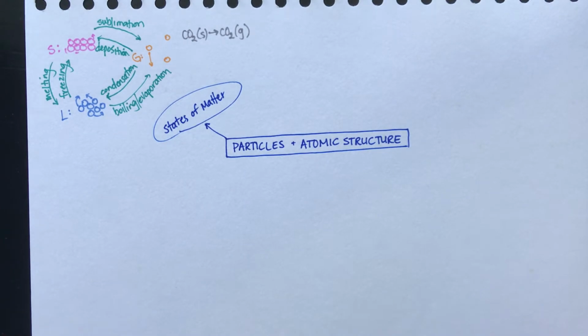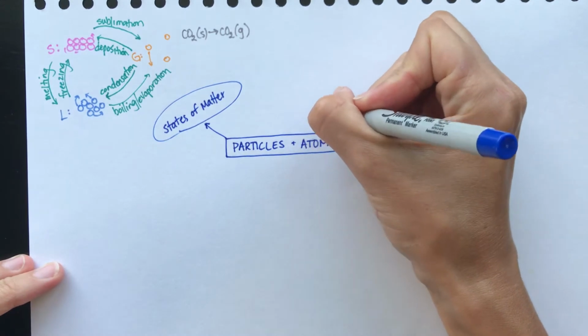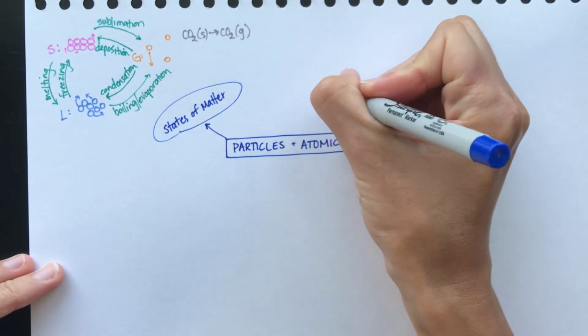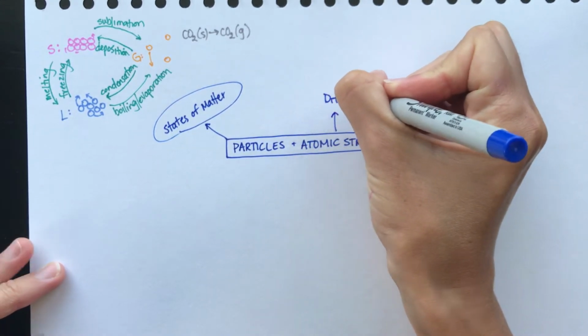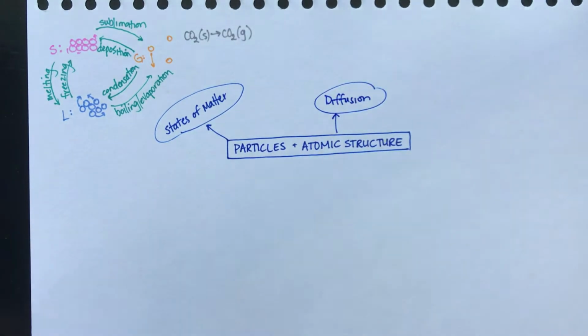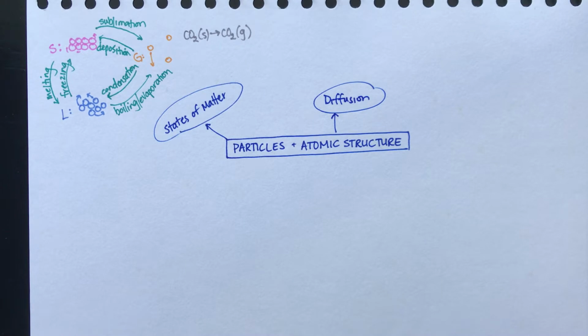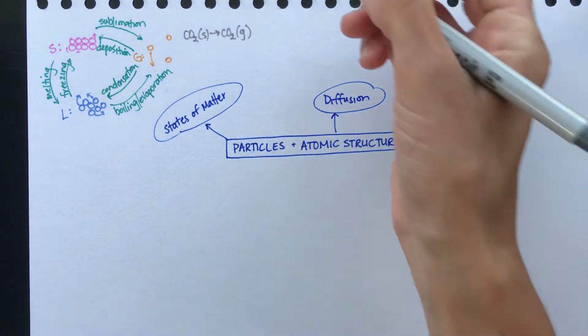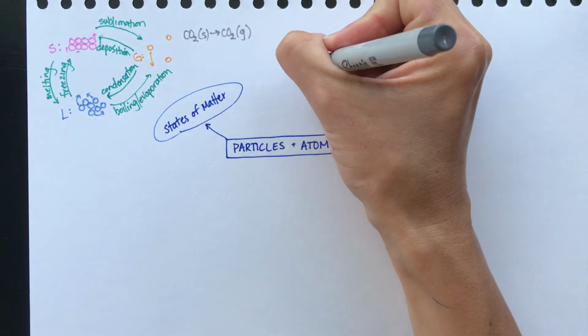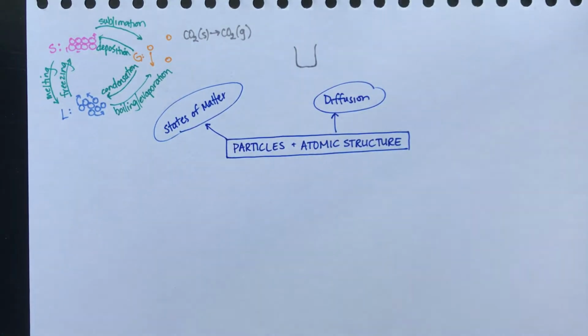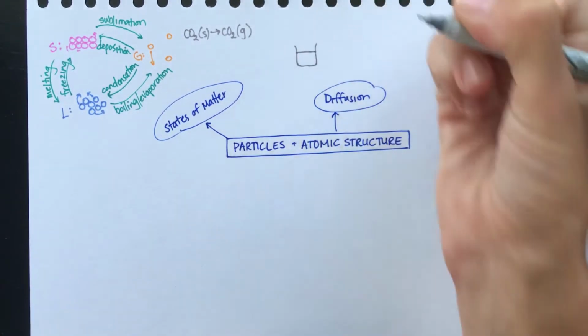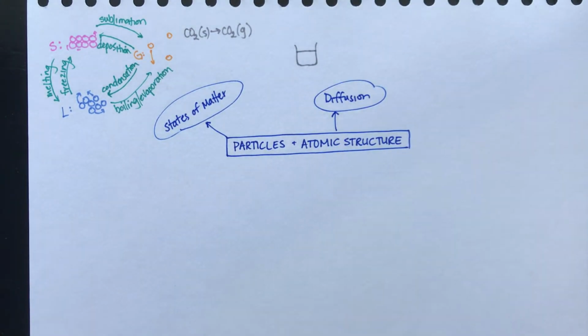The next thing we learned about after states of matter was diffusion. Diffusion happens in fluids, which means it can happen in liquids or gases. The liquids example we did in class was an experiment where you had a beaker filled with water, and we added a drop of food coloring.